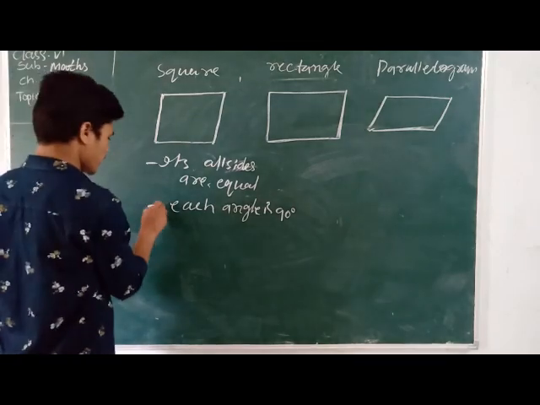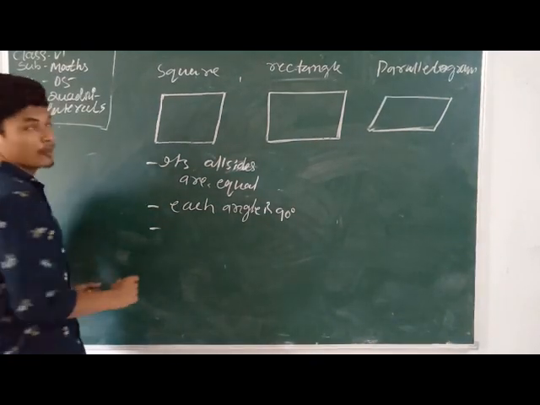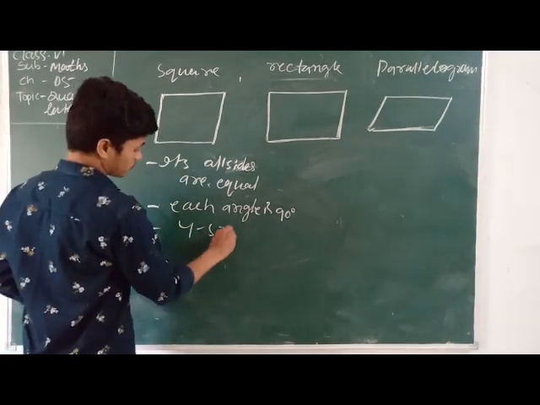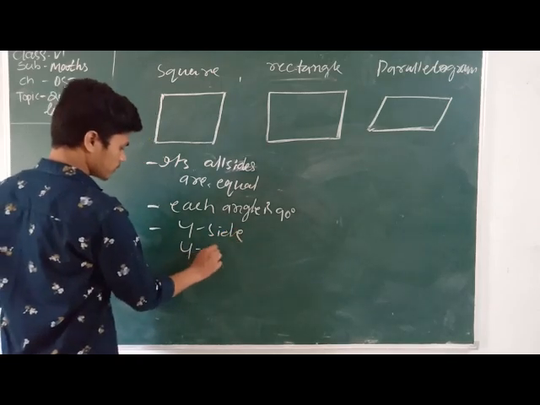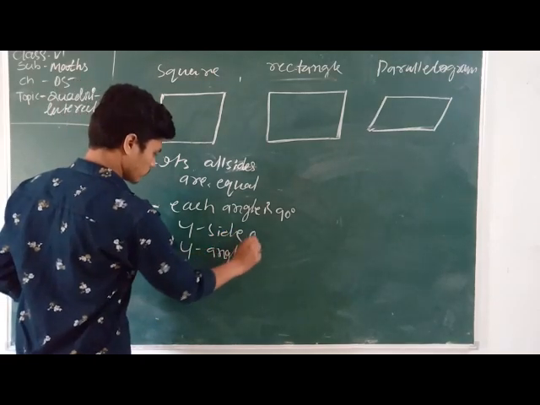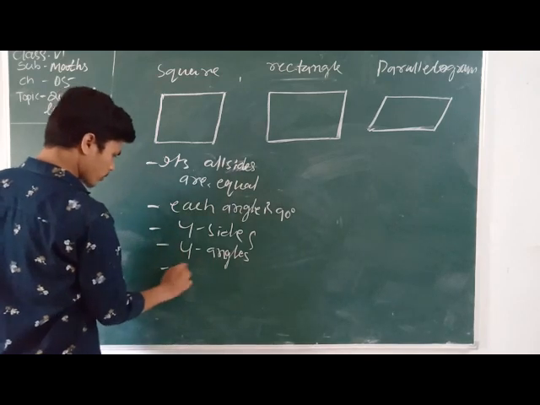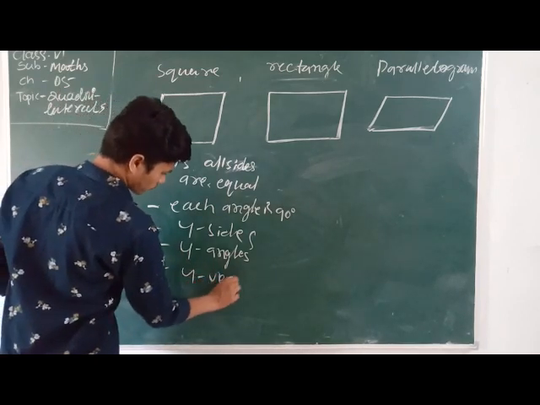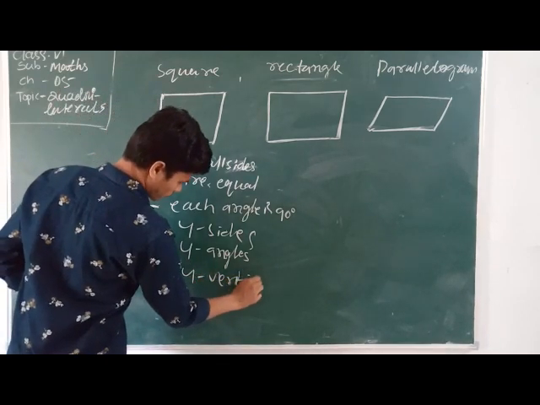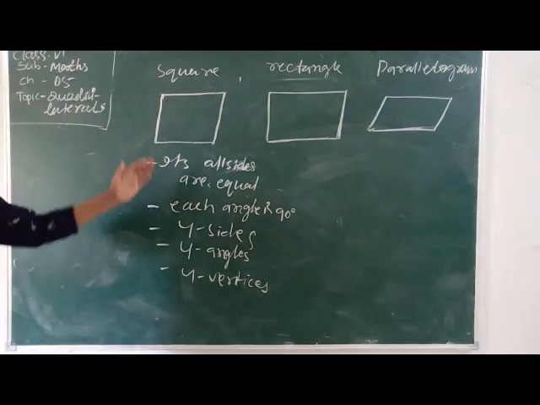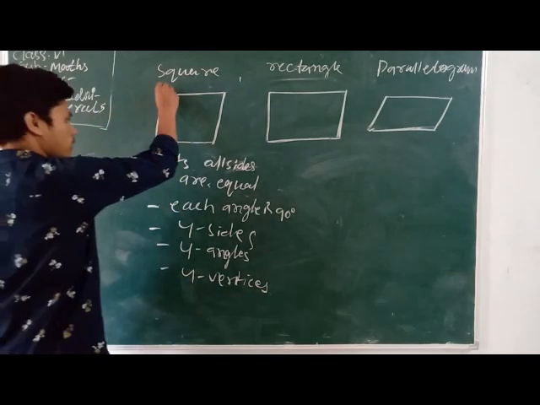Each angle is 90 degrees. And how many sides? Four sides, four angles and four vertices. And there are two diagonals.